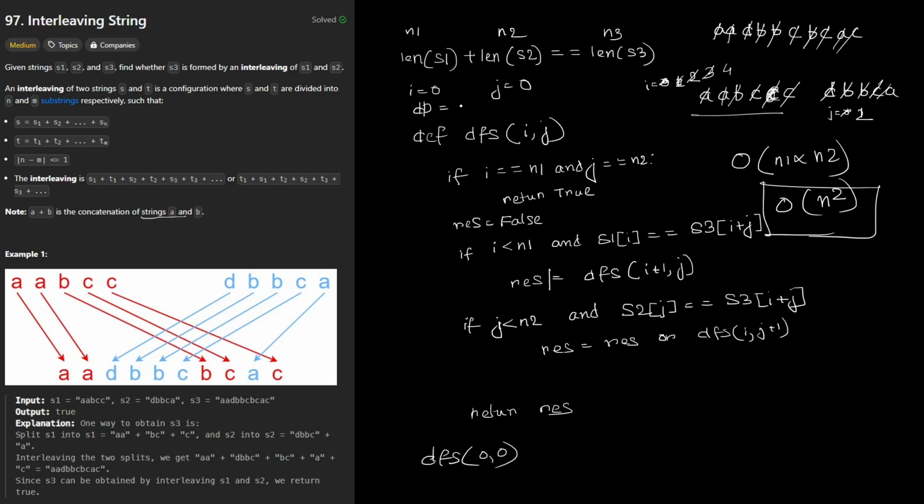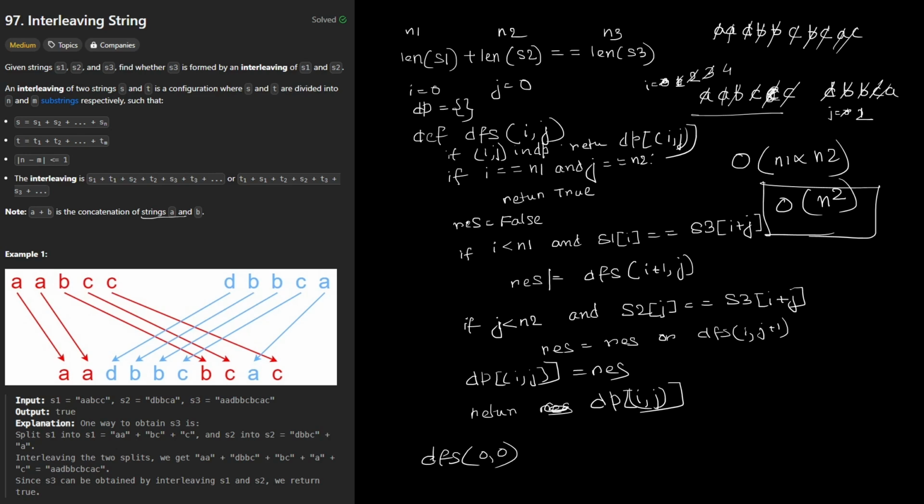So I can introduce a hash set DP, and say if I and J in DP, then I can return DP of I and J. And similarly, DP of I and J is going to store our result, and at the last I can return DP of I and J as the response.